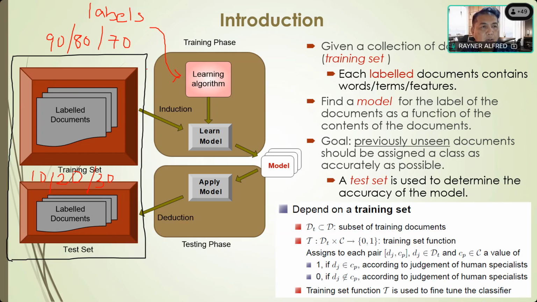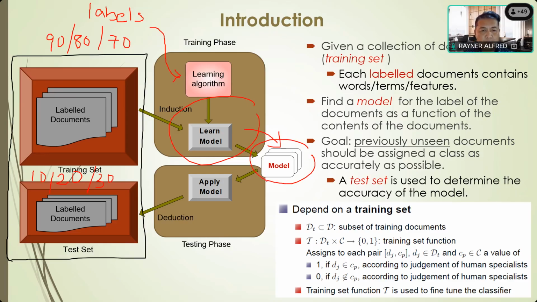Okay, so once we feed this training data set into the model, we will fine tune here, depending on what algorithm you use. Today we will look into the decision tree and also the KNN classifier. Once we have trained them, this is considered optimized because we have found the best hyperparameter setting that can produce the highest accuracy.